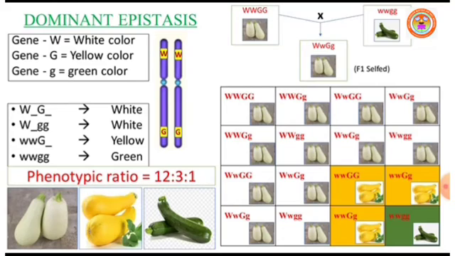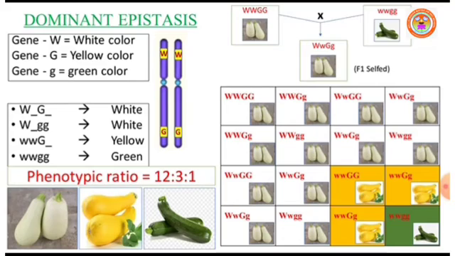Here the epistatic gene is capital W, which produces the white color. W is the dominant allele for white, and the recessive allele is small w, for the color of the fruit.